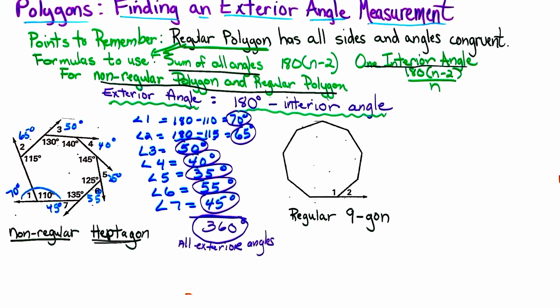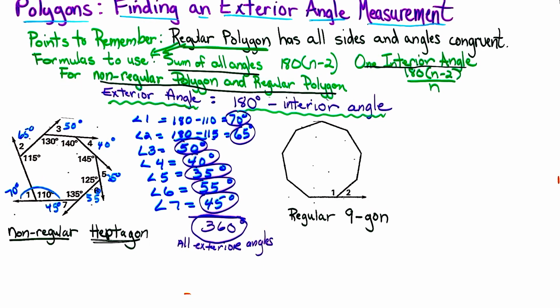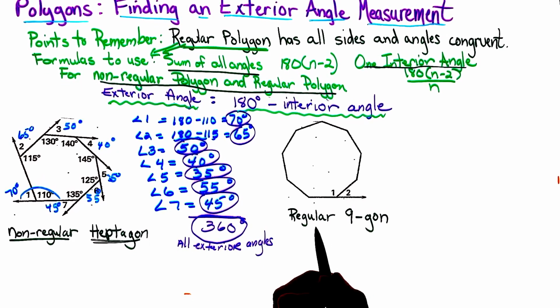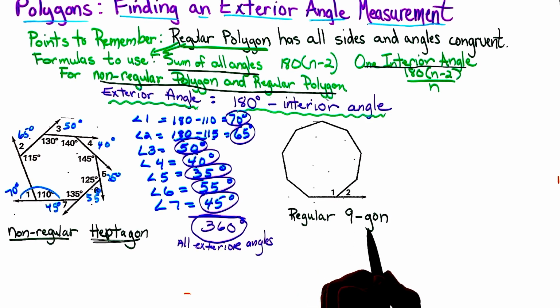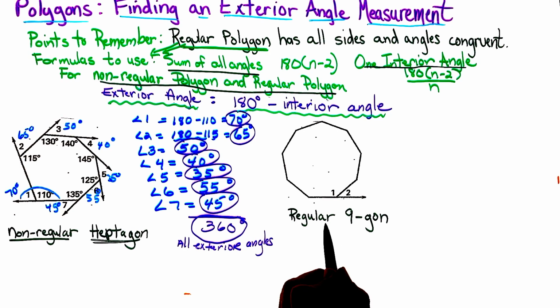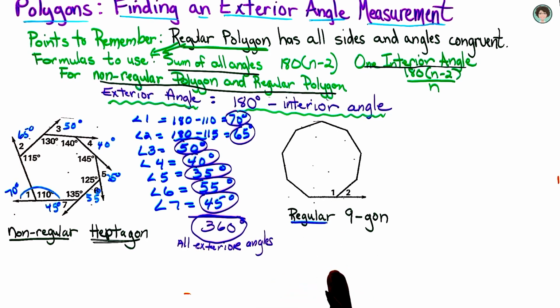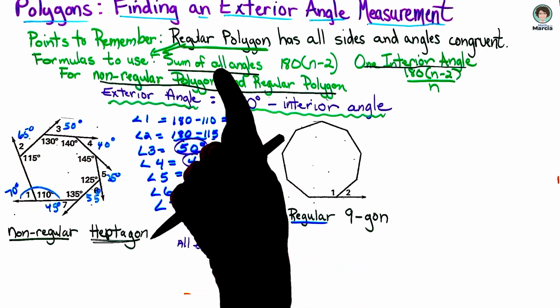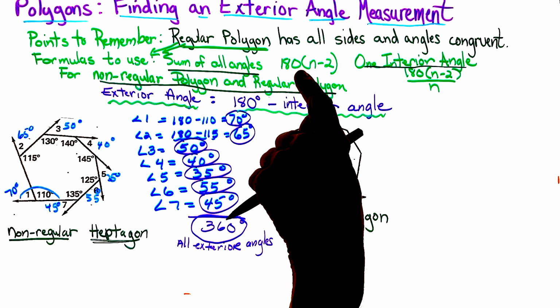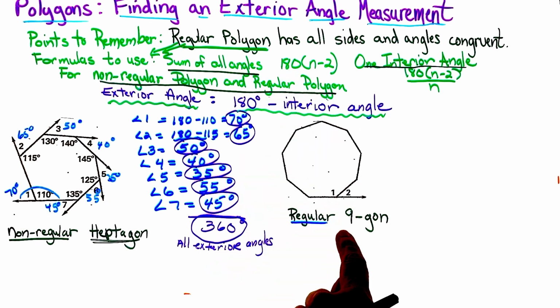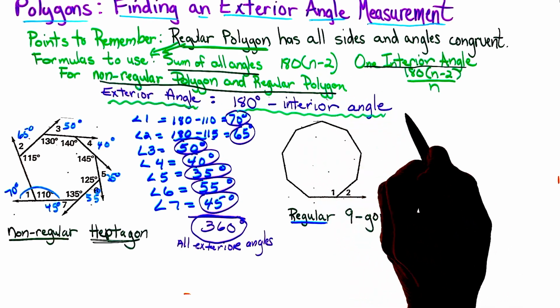So notice this second picture. For the second picture, we have a regular nine-gon. And you'll say, what's that? Well, it's a 9-sided polygon. And notice, regular means that all the sides are equal and all the angles are congruent. So in order to find the sum of all the angles in this nine-gon, which doesn't have a special name, so that's how they say it, I'm going to use this formula.